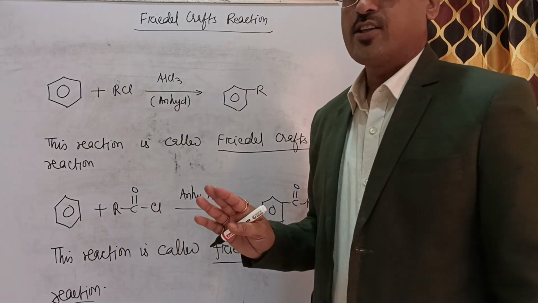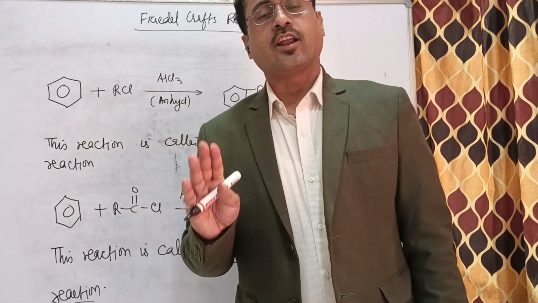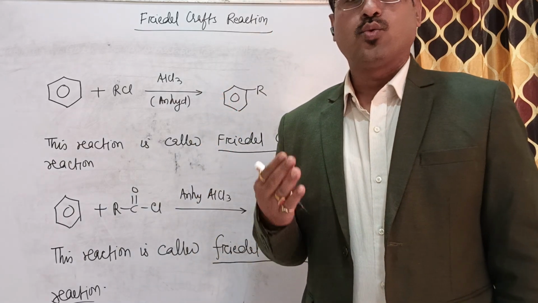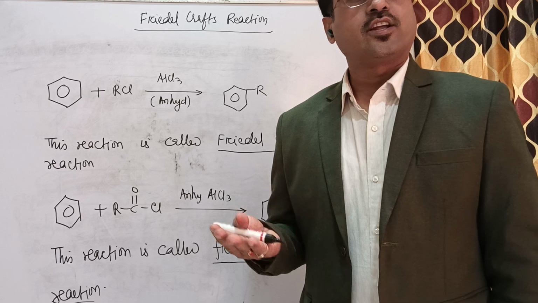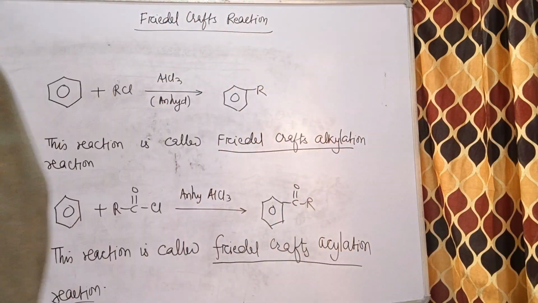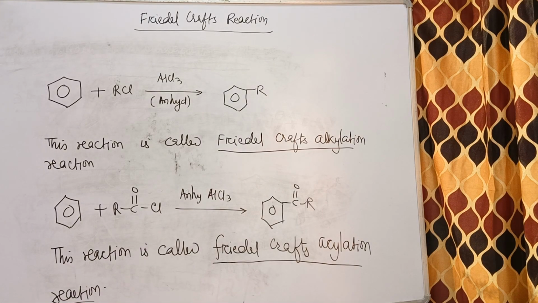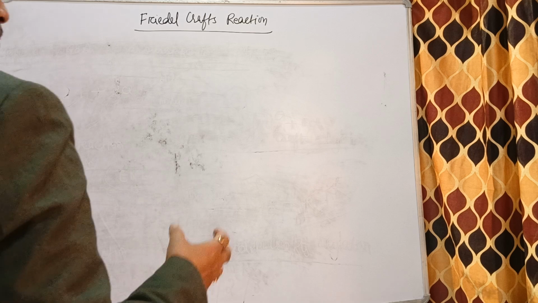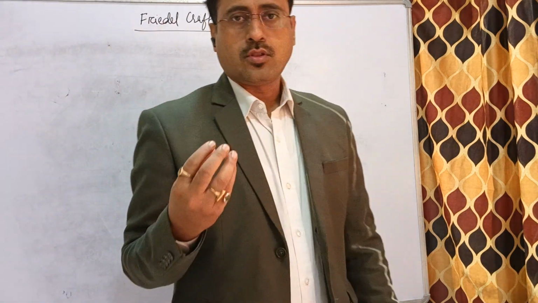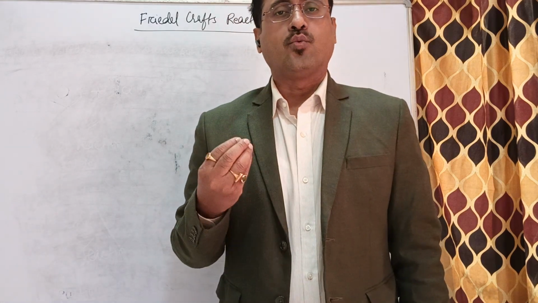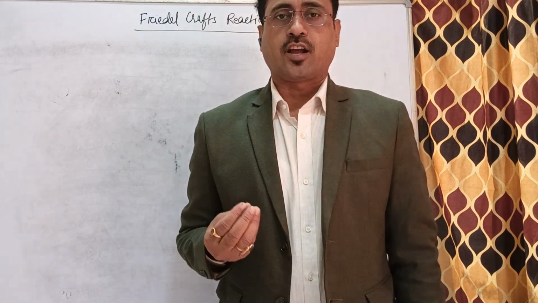When the electrophile is generated, that electrophile may be methyl carbocation, 1 degree carbocation, 2 degree or 3 degree carbocation.